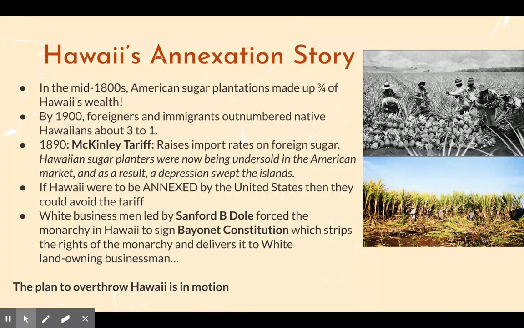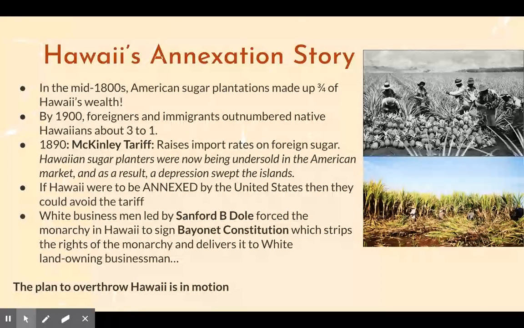So they have the grand idea, a grand scheme. If Hawaii were to be annexed by the United States, then they could avoid the tariff. If Hawaii was a part of America, then they wouldn't have to follow these economic tax tariff laws. So, what did these people who have the majority influence in Hawaii do?